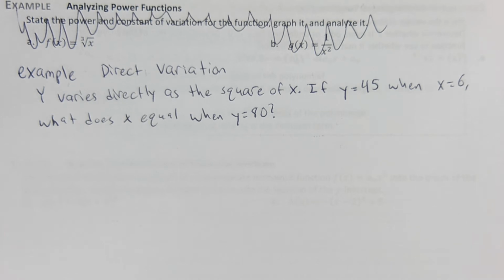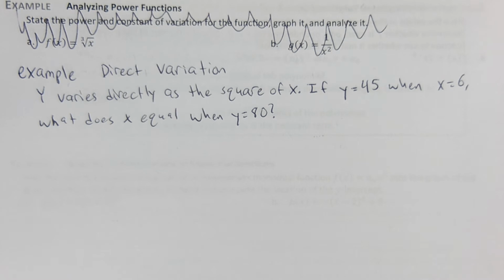So we're going to do this first example of direct variation. Y varies directly as the square of x. The one we just did was the square root. This is the square of x.